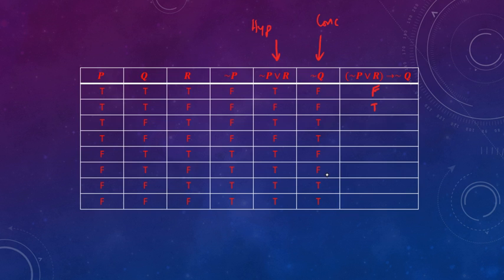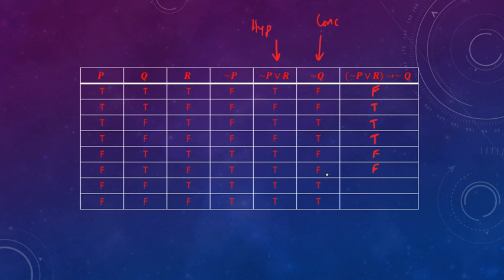Next row, we have a true implying a true, which is a true. Next, we have a false implying a true, which is a true. Next row down, we have a true implying a false, which is a false. Then another true implying a false, which is a false.